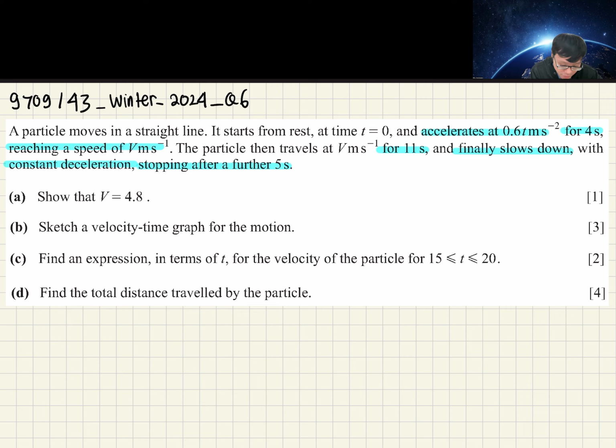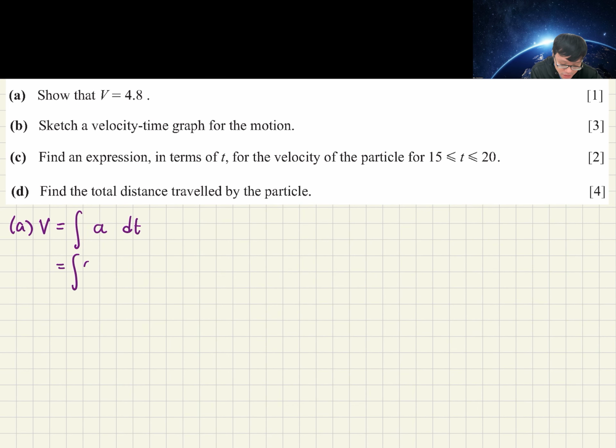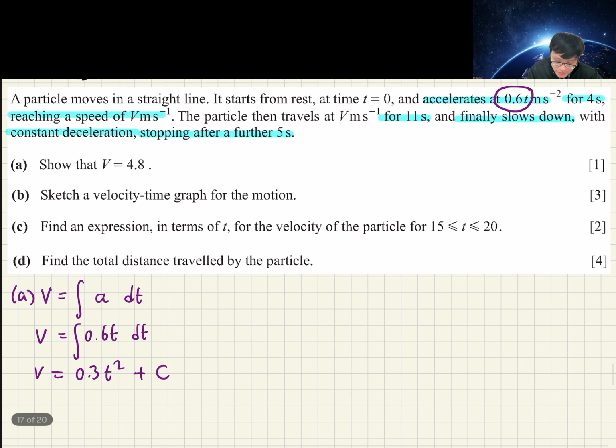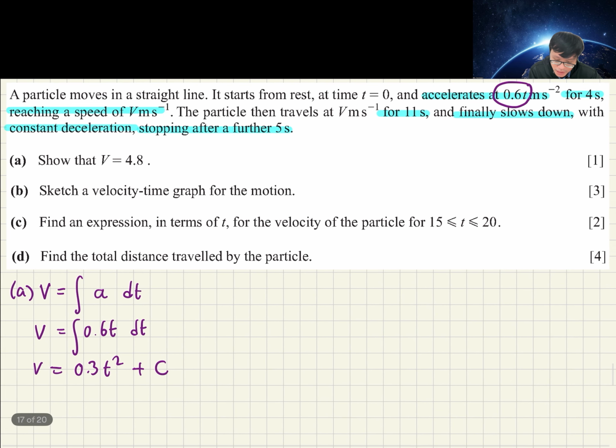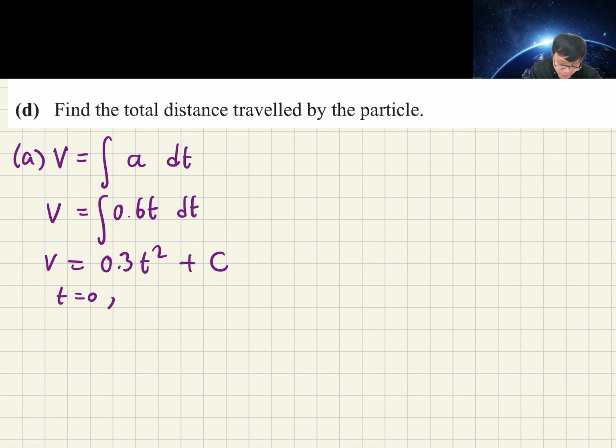Now, let's start from what we know. We know the acceleration equation, which is 0.6t, and you want to find v, so v equals integral of acceleration dt. So we integrate a, which is 0.6t. When you integrate, you will get 0.3t squared plus c. Now, how to find c? It starts from rest. So that means when time is 0, the velocity is 0.